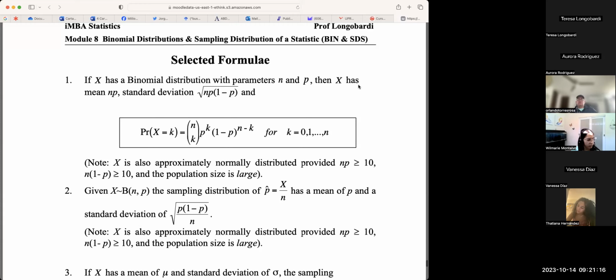That's more like what we hear, right? Not just numbers, you hear proportion. So we translate what we found up here into the sample proportion by dividing by N. And it's just as easy because of our rules of means and variances. All we have to do is divide X by N, which is now a new variable.